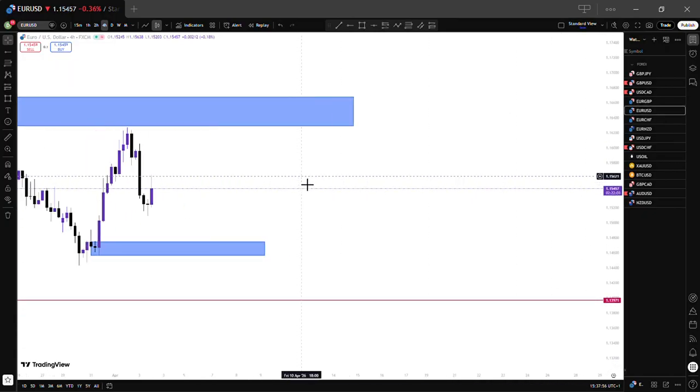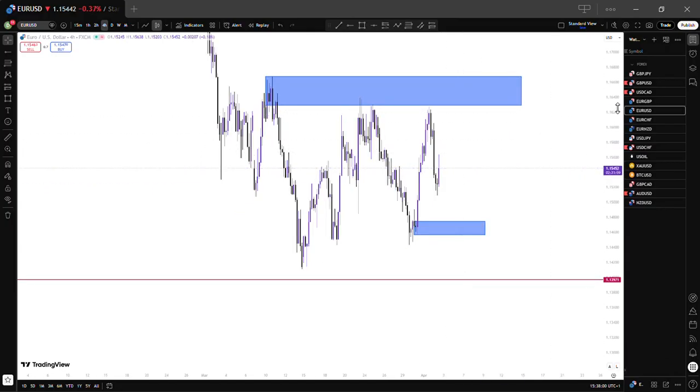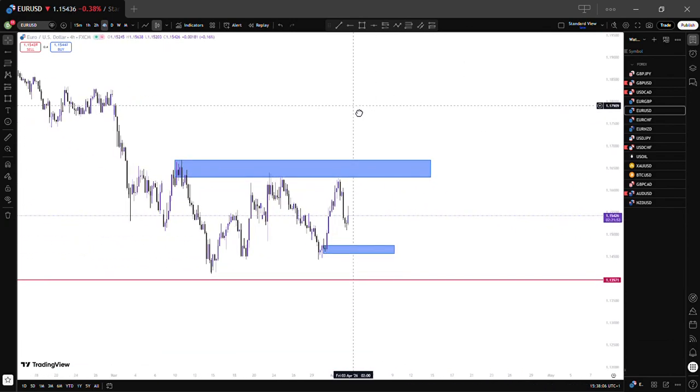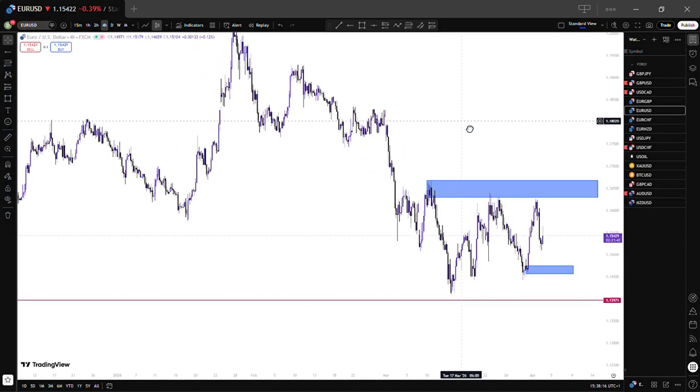So don't forget, the higher time frame analysis is always there for a reason. The higher time frame direction is always there for you to understand the general direction of the market, right? So that's why we always have the higher time frame analysis, and that higher time frame tells us we're on a downtrend.